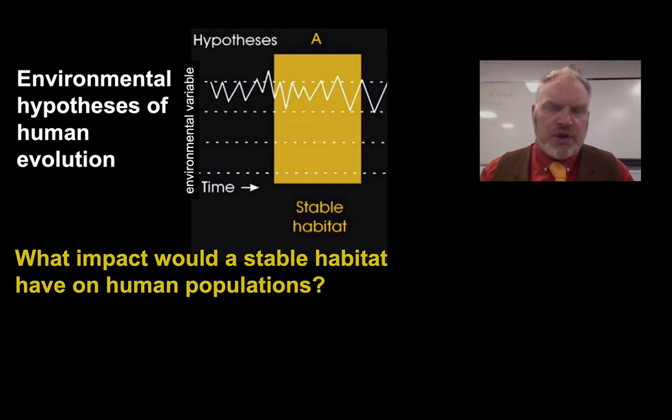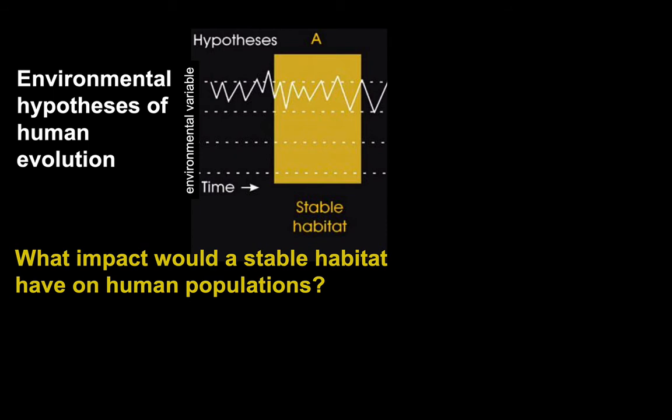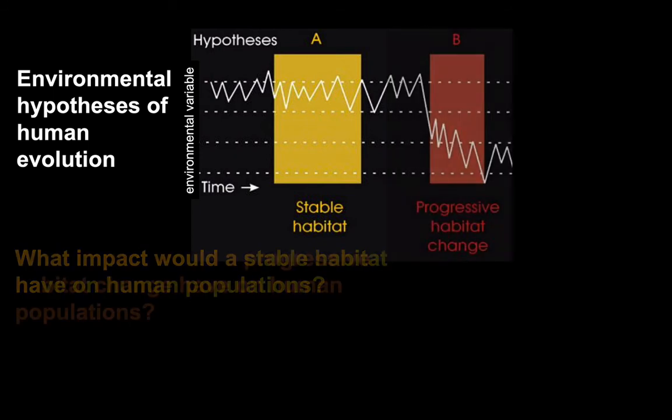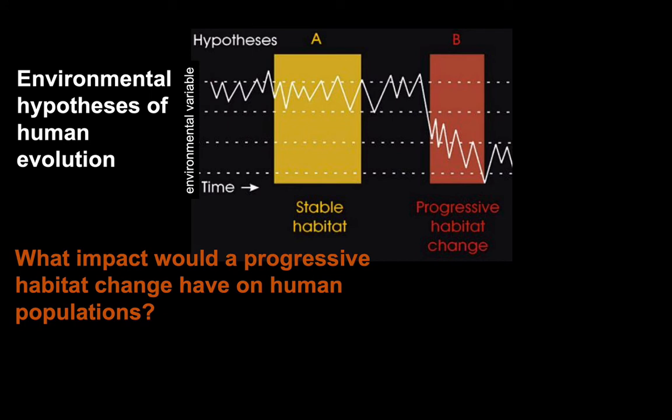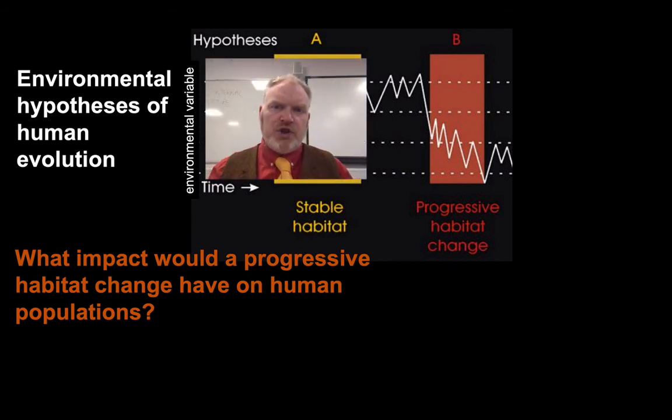Will we see rapid change as a result of this? If we have a progressive change, as we've just seen, perhaps going from a warmer climate to a colder climate, what impact do you think that would have on a human population? What evolutionary changes would we see as a result of a progressive habitat change?